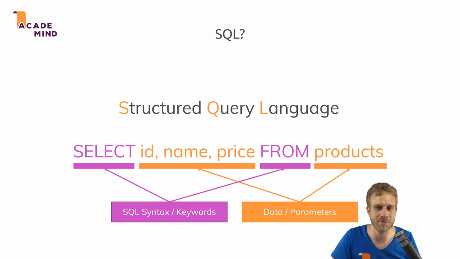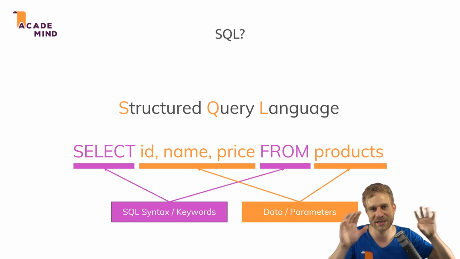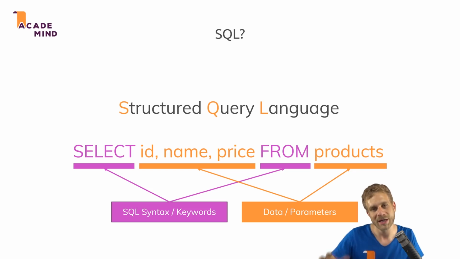And there are not just commands for retrieving data, there are also commands for inserting, updating, or deleting data, for creating new tables, for joining tables if your data is distributed across multiple tables. So there are a bunch of commands which you can combine. It's quite powerful. This is SQL.